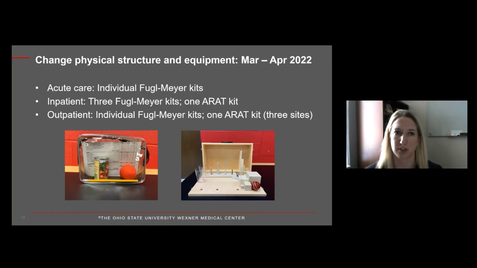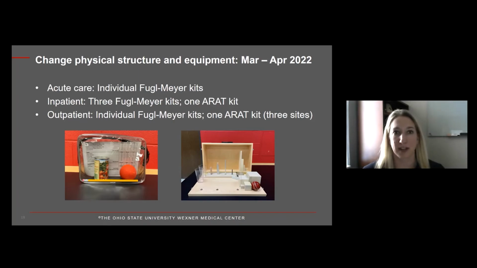So our acute care practitioners are only implementing the Fugl-Meyer, but we're able to provide our acute care OTs individual Fugl-Meyer kits that can be disinfected, because infection control, of course, is a top priority in acute care and actually all settings. All the items in that Fugl-Meyer kit can be disinfected.